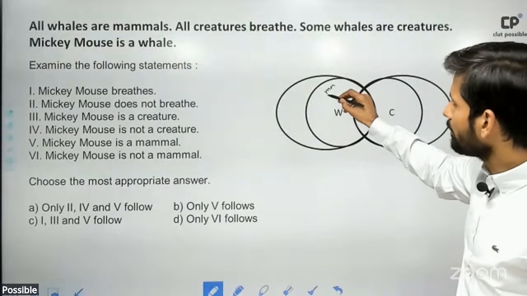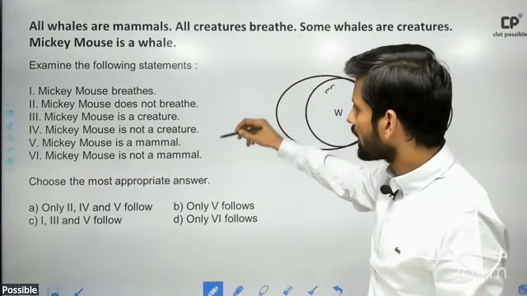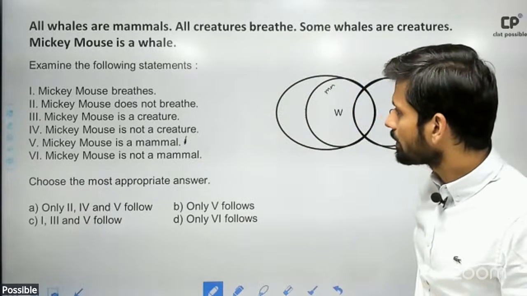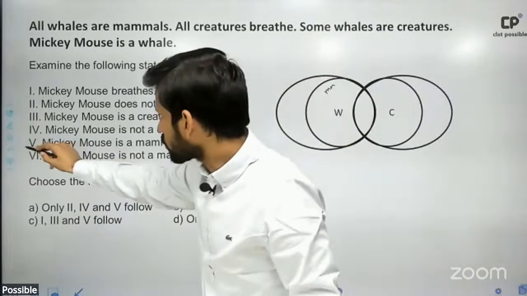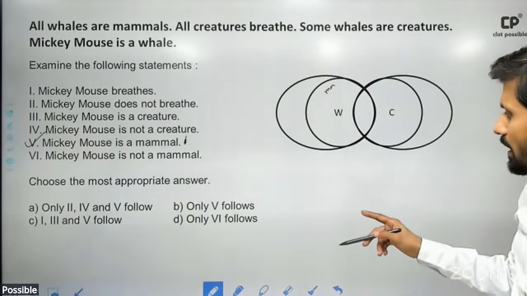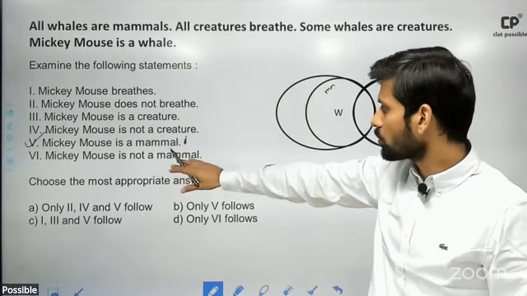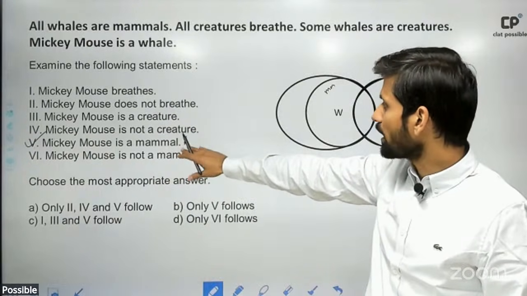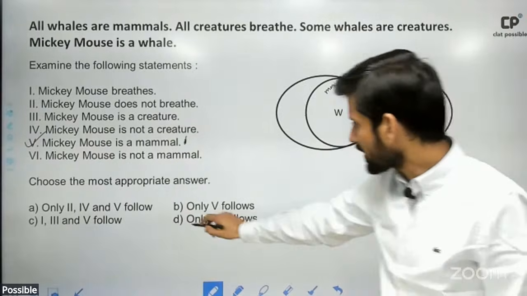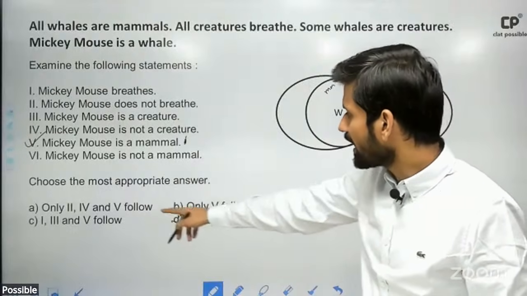As soon as I say Mickey Mouse is a whale and all whales are mammals is given to us, Mickey Mouse becomes a mammal. So statement 5 is for sure true. And then if you look at the options, as soon as I get statement 5, I can play with the options. For example, D is out for me.